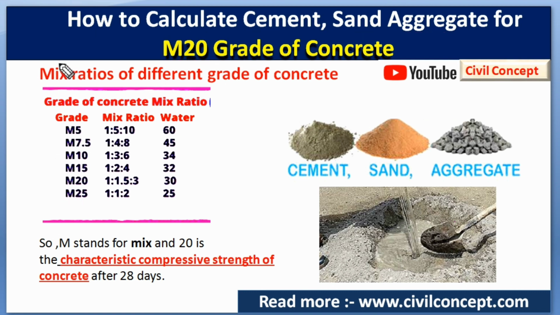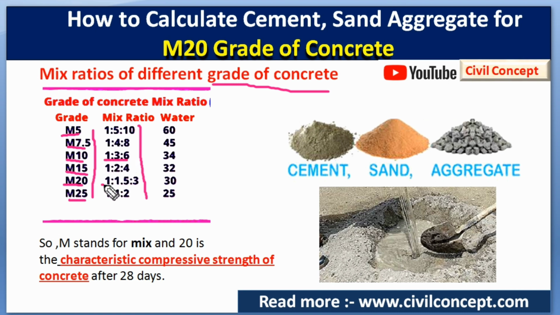First of all, we can see the mix ratios of different grade of concrete. Okay, so here you can see in this table we have different grade of concrete like M5, M7.5, M10, M15, M20, M25. Okay, and the mix ratios of different grade of concrete are different. You can see in this table for M10 grade of concrete we have 1:3:6.